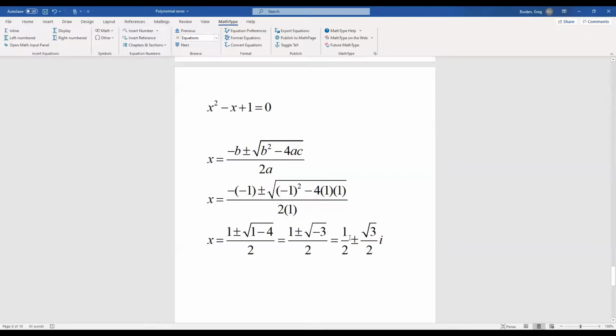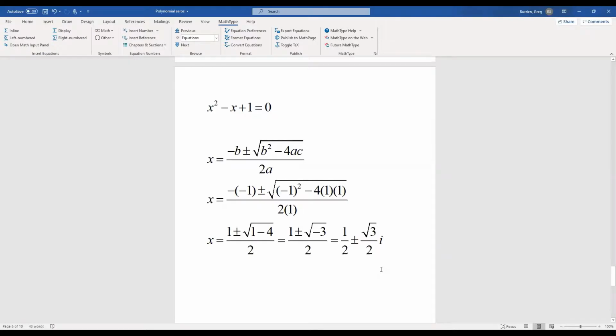So this represents 2 different complex numbers, what are called complex conjugates. 1/2 plus radical 3 over 2 times i, and 1/2 minus radical 3 over 2 times i. Because they just differ in that one has a plus imaginary part and one has a minus imaginary part, they're referred to as conjugates.